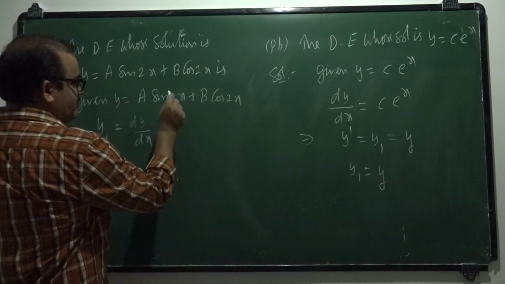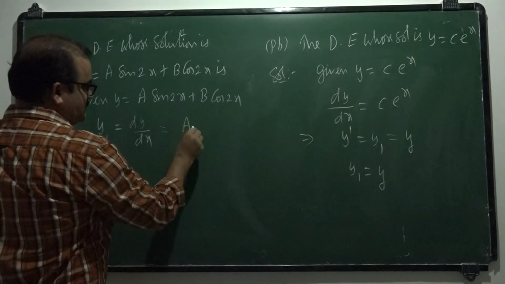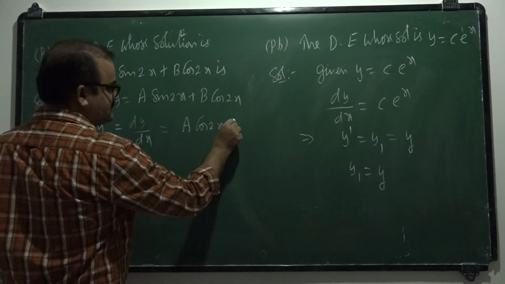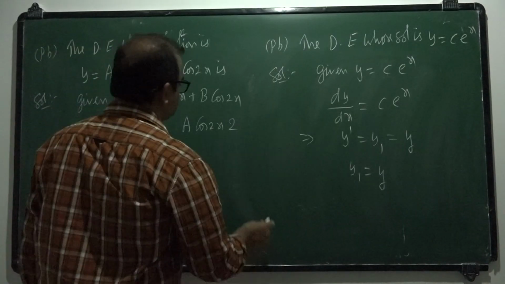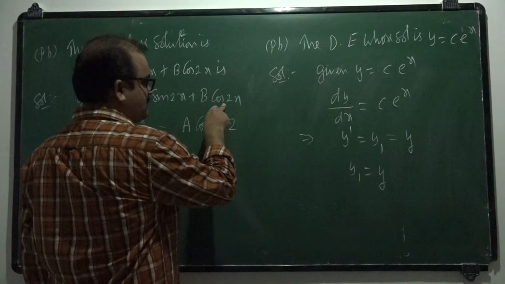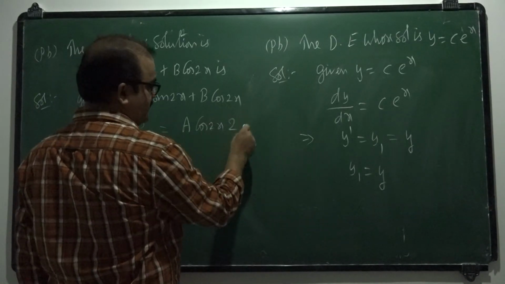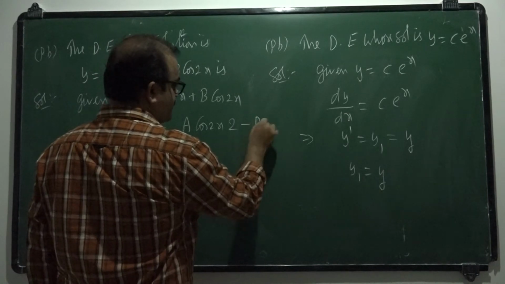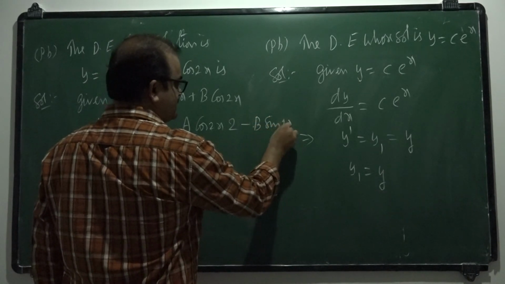What is the derivative of sin 2x? Cos 2x into derivative of 2x, that is 2. B into derivative of cos 2x minus sin 2x. So minus b into sin 2x into 2.